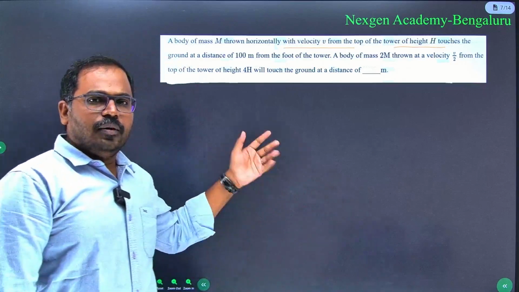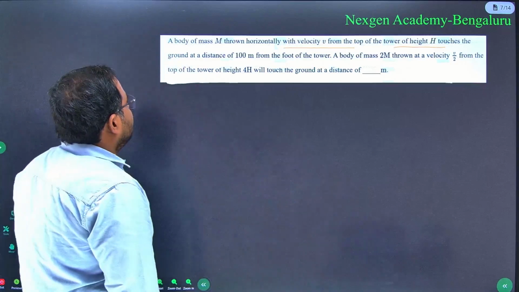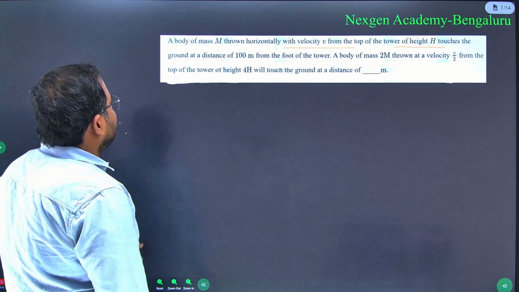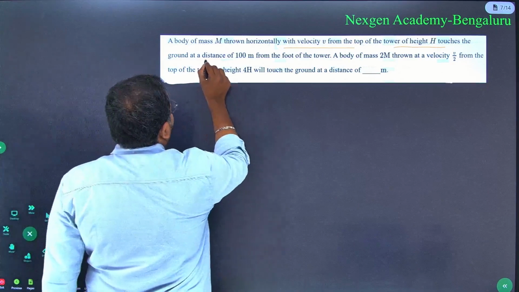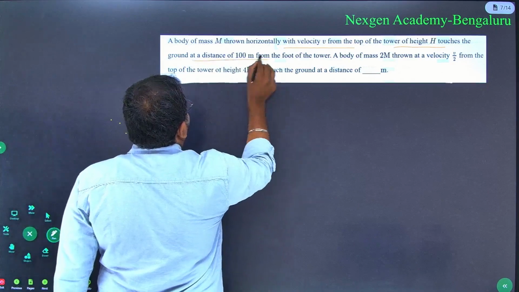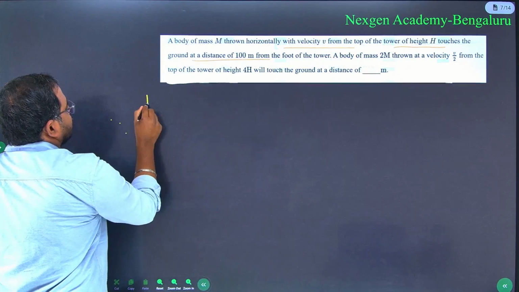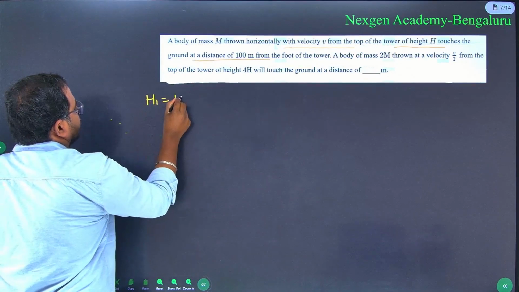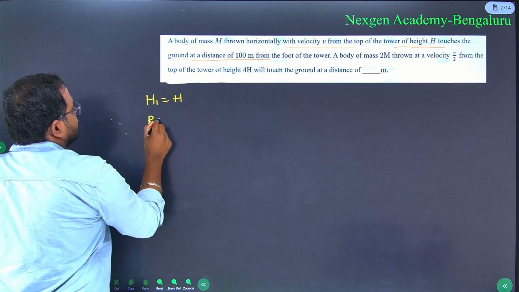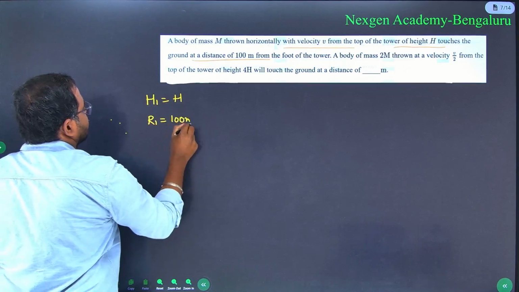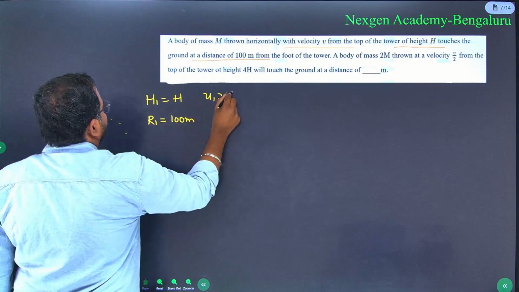These are all independent of mass. Next, coming to the first case, it reaches the horizontal distance of 100 meters. So in the first case, height is equal to h, horizontal distance traveled is equal to 100 meters, and the velocity is equal to v.